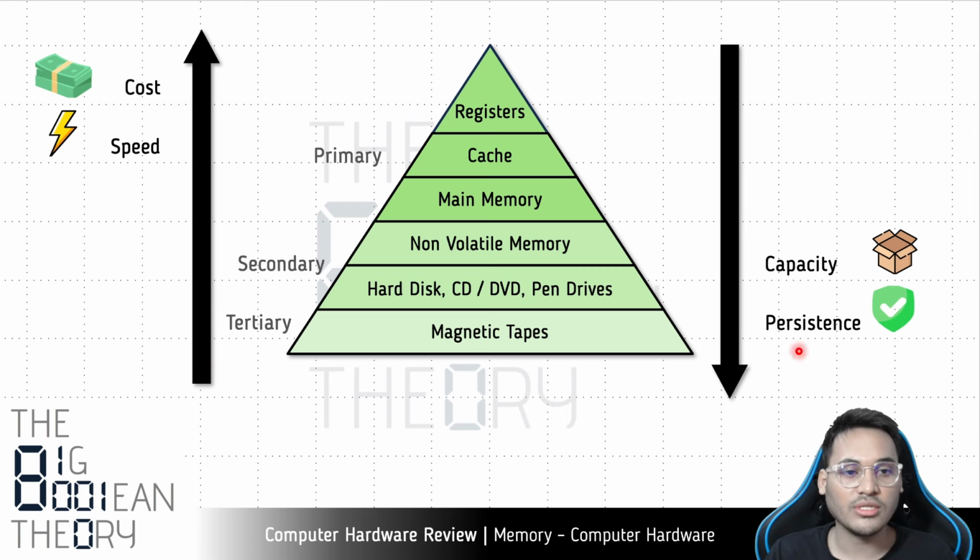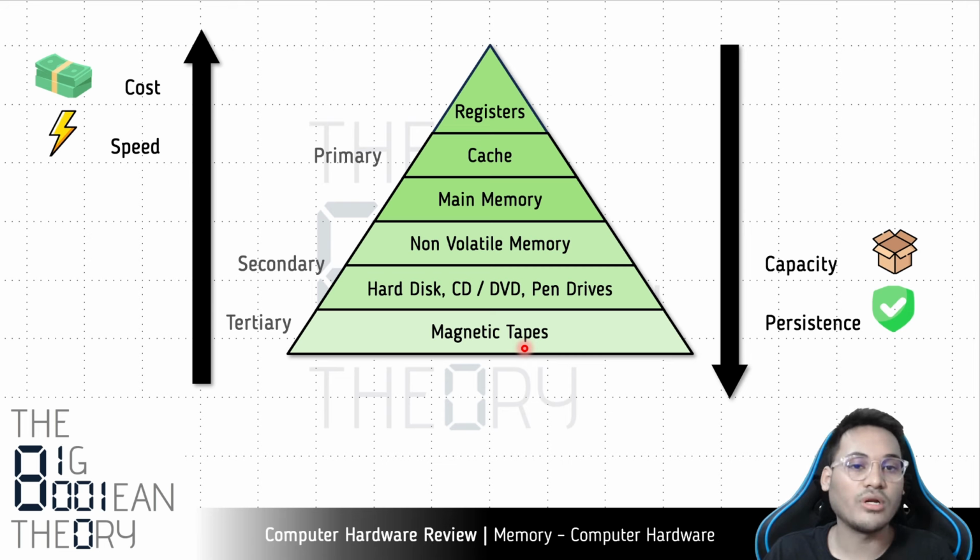Finally, let's talk about the last property, that is persistence. Memories on the lower levels are persistent forms of memory, while the primary memory, that is registers, cache and main memory, are volatile in nature. They are built within the computer system, they work on electricity, and are not persistent. Below the main memory, the forms of memory, that is non-volatile memory, such as hard disk, CD, DVD, pen drives and magnetic tapes, are all persistent in nature.